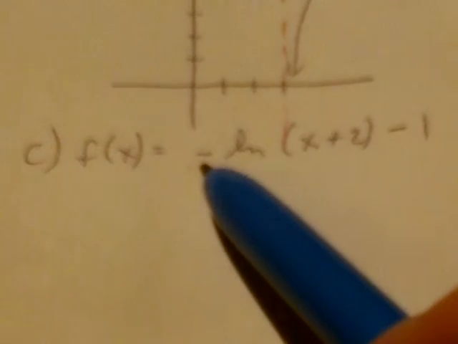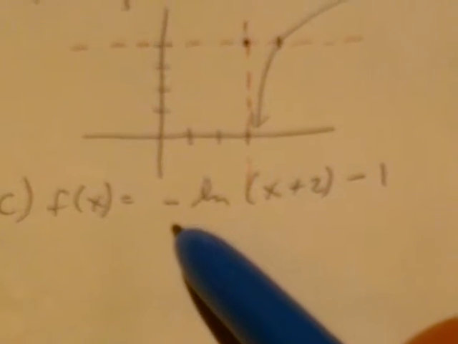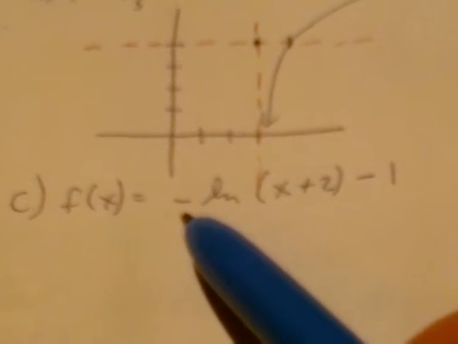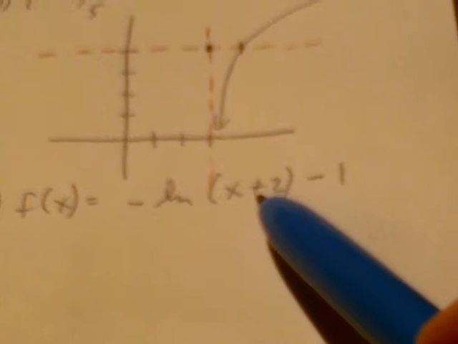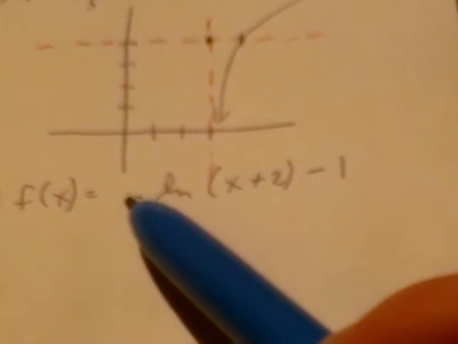And our last graph is a little more complicated, but not very much more complicated. I just stuck a negative sign in front, which means we're just going to reflect it over the x-axis. And so the order of our transformations is we're going to move left 2, down 1, and then we're going to flip it in the x direction, or we're going to reflect it over the x-axis.